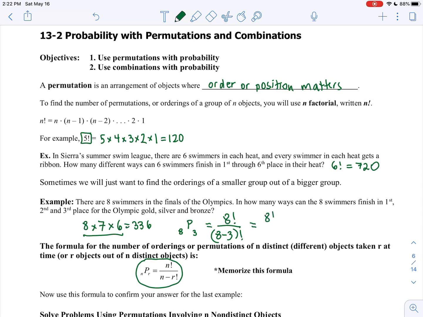So in this case, we get 8 factorial over 5 factorial. We can think of 8 factorial as 8 times 7 times 6 times 5 factorial. Since we already have the 5 factorial on the bottom, those cancel out and we get 8 times 7 times 6, which is the same as the value we have on the left, 336.